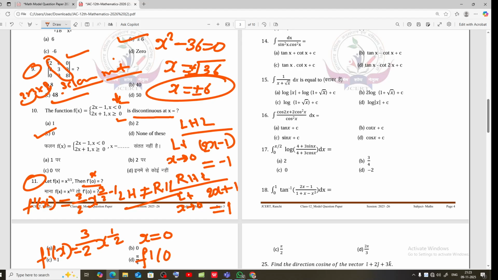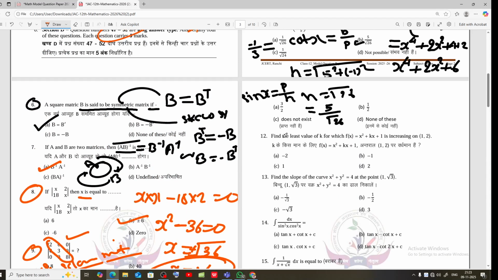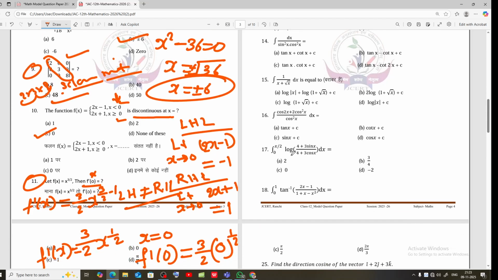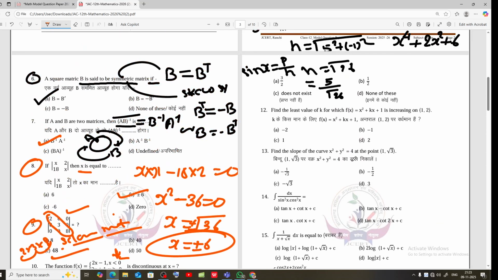That means f dash 0 equal to 3 by 2 into 0 whole to power 1 by 2. 0 to any power is 0. 0 into 3 by 2 is also 0. The option in the question is 3 by 2 under root 1 by 2. None of these. The option is none of these.